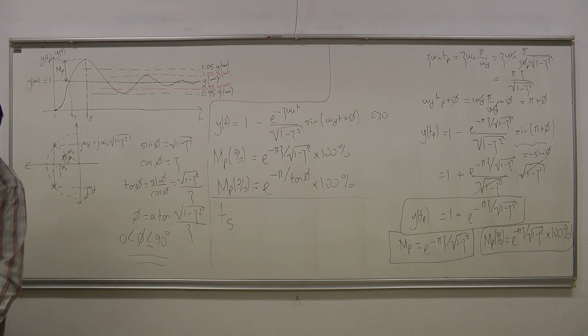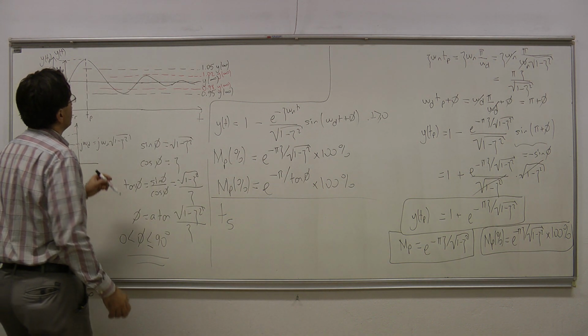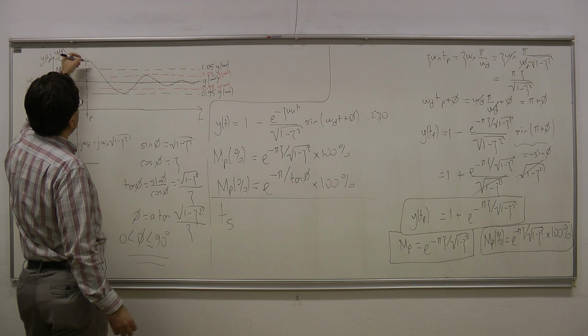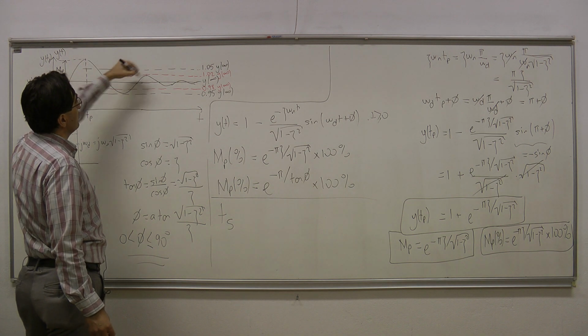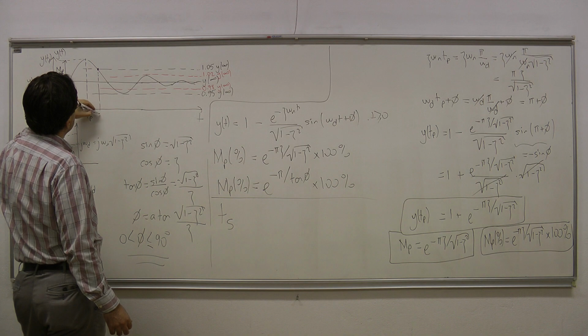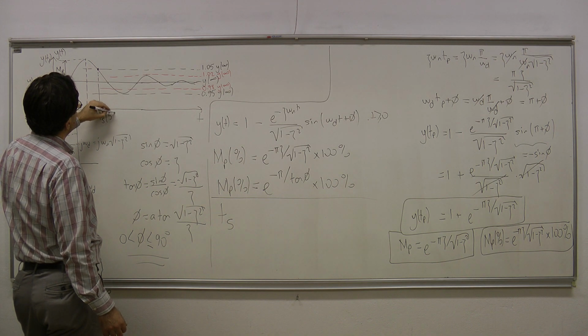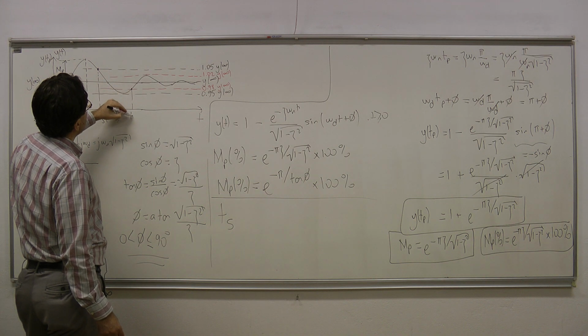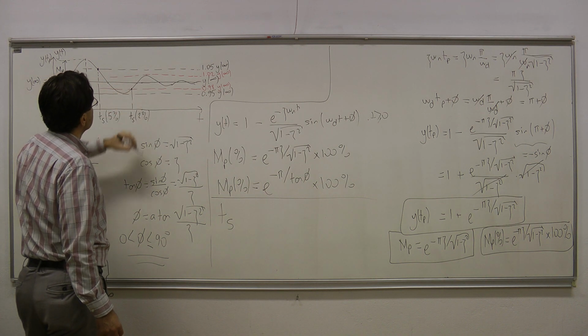And the settling time is defined as the time instant at which our response enters one of these regions and never leaves afterwards. Okay? So this is going to be my settling time 5%, and this is going to be my settling time 2%. Okay?